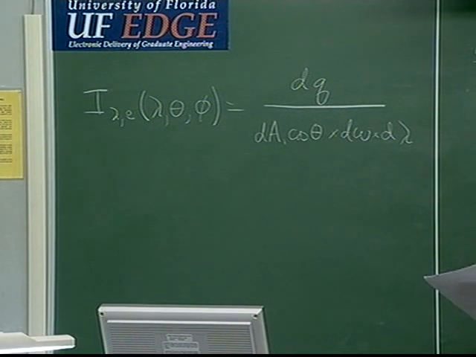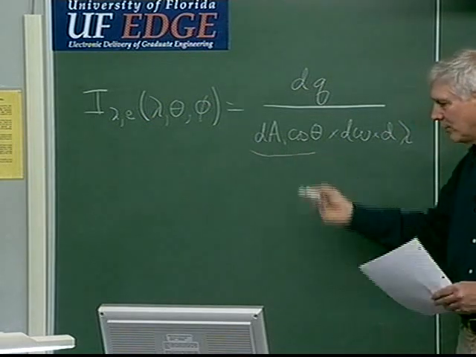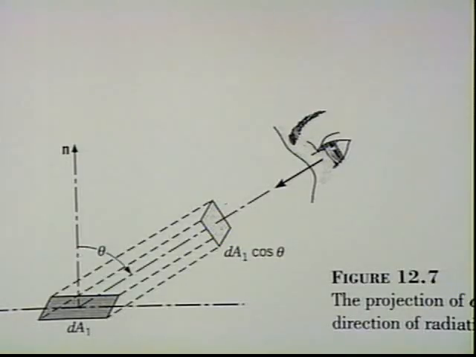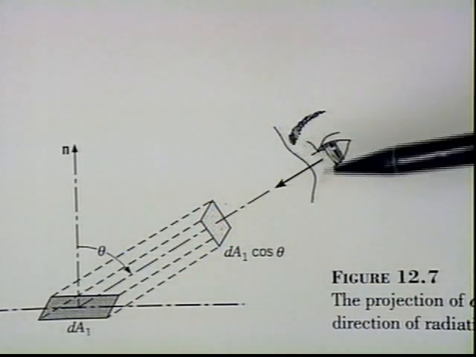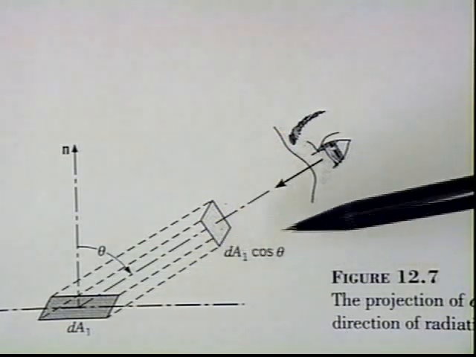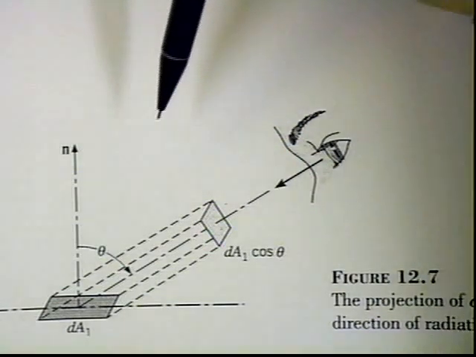Now let me just talk about what this term right here means. This is what is actually seen. So let's go over here to the overhead. That dA cosine theta term is what is seen. Okay, so if you're looking, here's your eye, if you're looking down at the surface, you can see that if you were to move up, you would be able to see more and more of the surface.